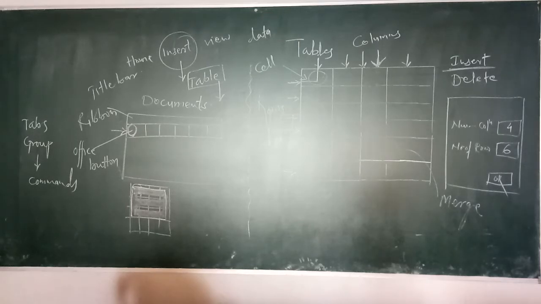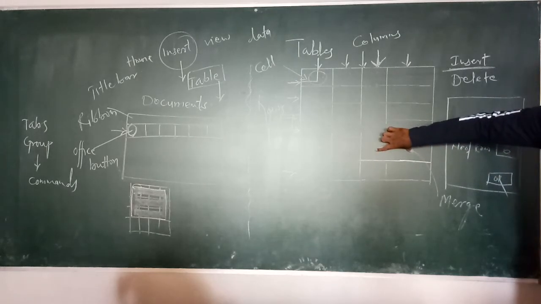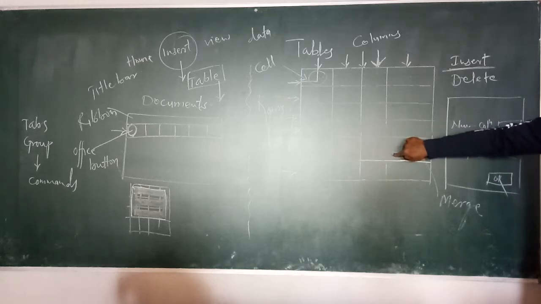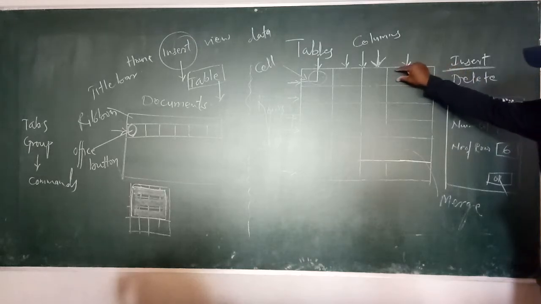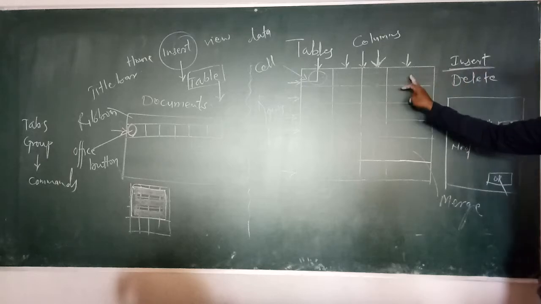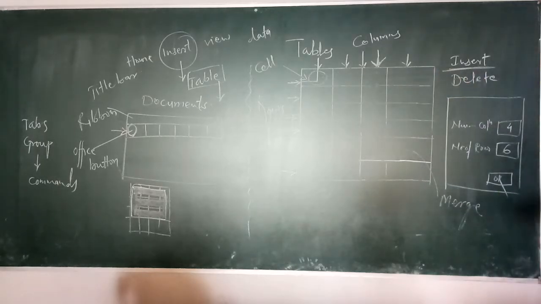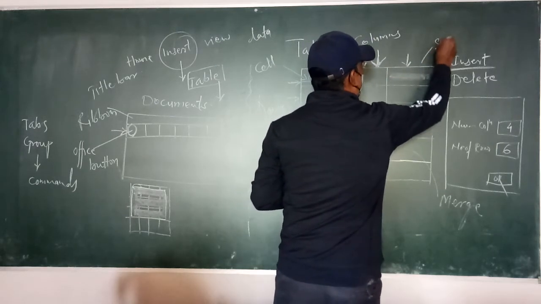Understood? Now if you want to divide a single cell into multiple cells, 1 cell into 2 cells or 1 cell into 3 cells. In this example we created a single cell from 2 cells. Merge 2 cells to create a single cell. Now we want to split this cell into a number of cells. So what we have to do, we have to select this cell and use the split option.